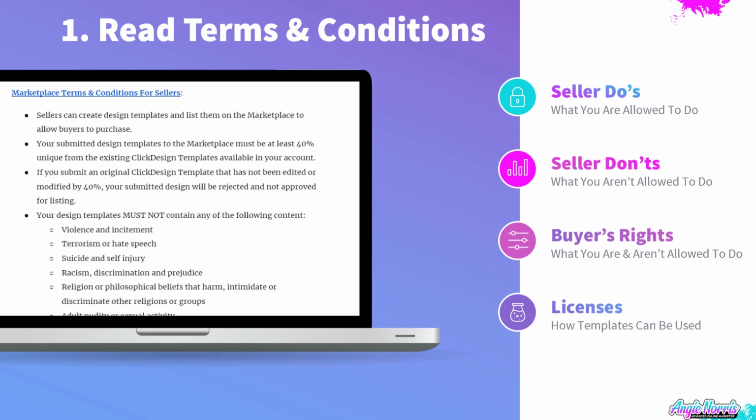Some examples would be, sellers are not allowed to use ClickDesigns original templates. And what that means is you can't just go out and grab a ClickDesigns template that's already out there and then add that to the marketplace and expect to sell that or give that away. You need to change it. You need to alter the images, the templates, at least 40%.